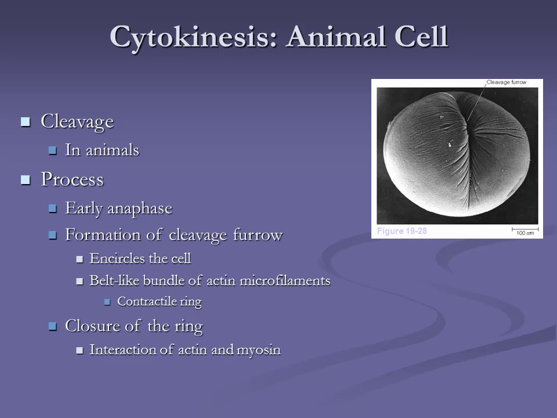It's almost like binary fission in bacteria. They just pinch each other off, and so you end up with two smaller cells half the size of that cell that it came from. That's why it's important for that G1 phase, for that cell to get big enough so it can divide. So that's the cleavage furrow made of our contractile belt of actin and myosin.